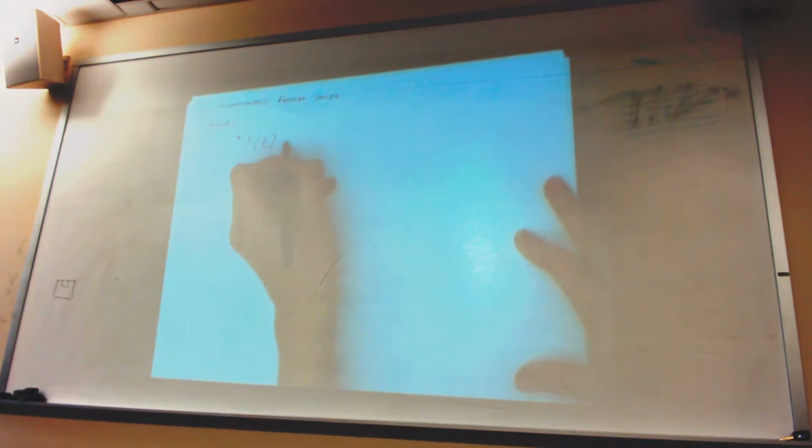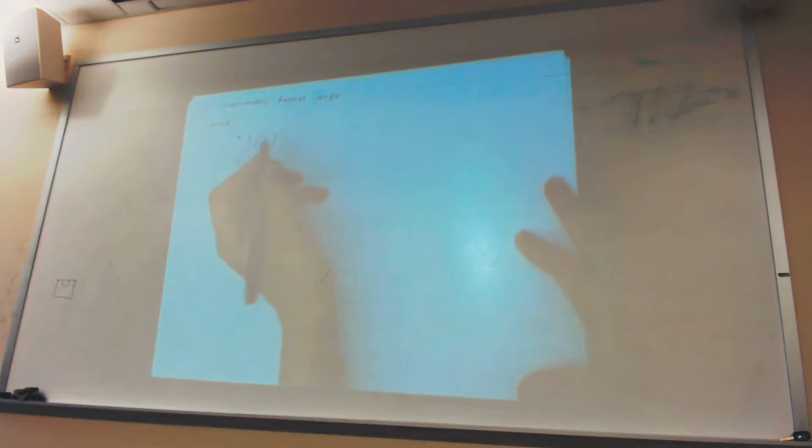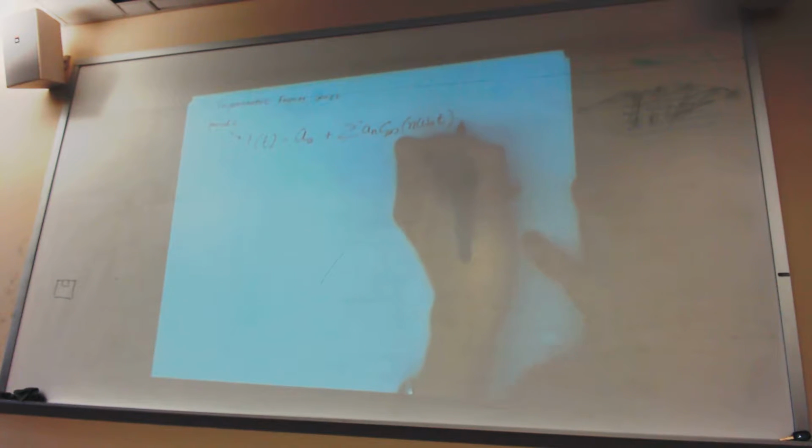We can write it as a summation of, let's say, a DC value plus sigma a_n cosine of n omega naught t, and then plus summation of b_n sine of n omega naught t.